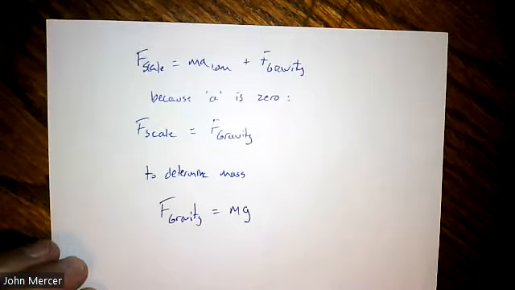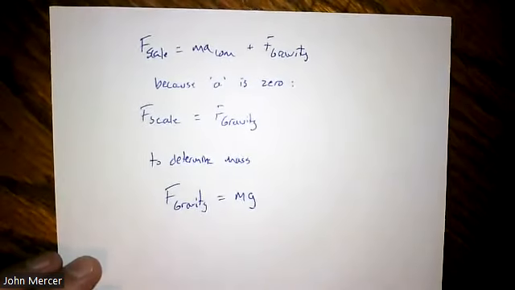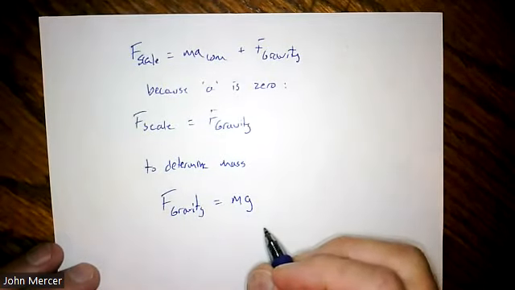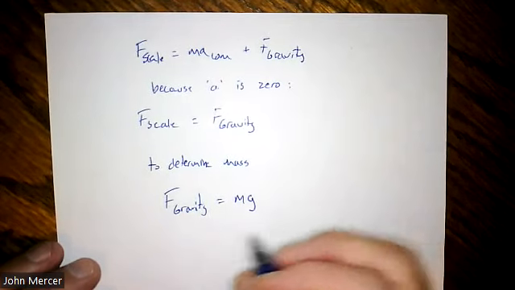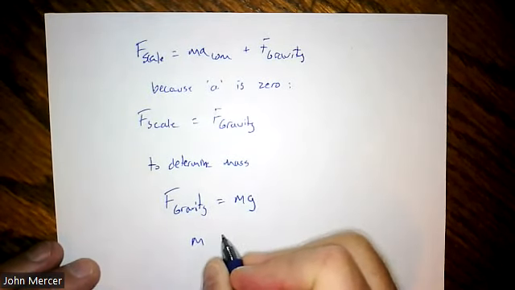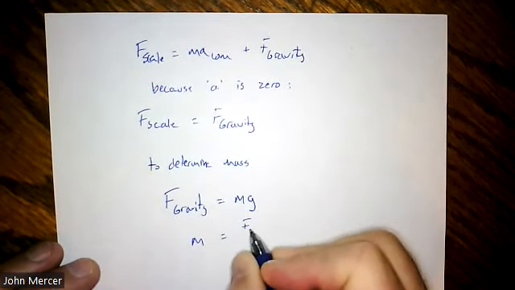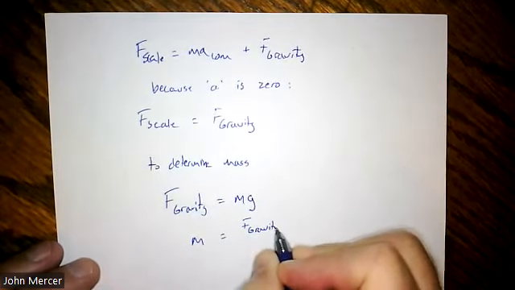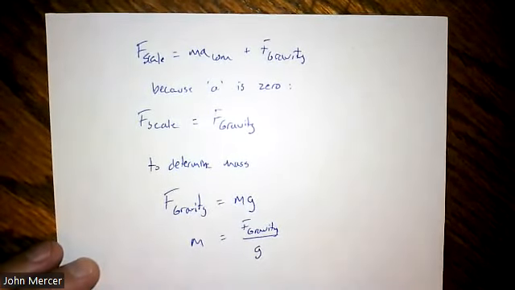And a lot of times you look up in a textbook, this is the type of equation that you will see to calculate gravity. And then we calculate mass by dividing the force due to gravity by the acceleration due to gravity.